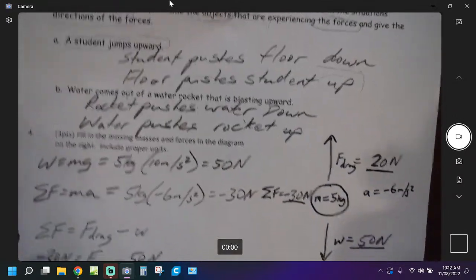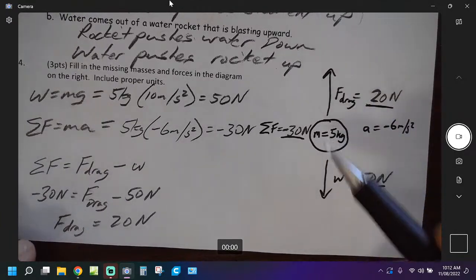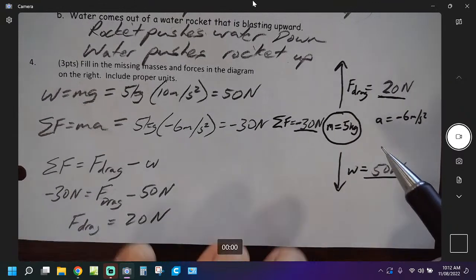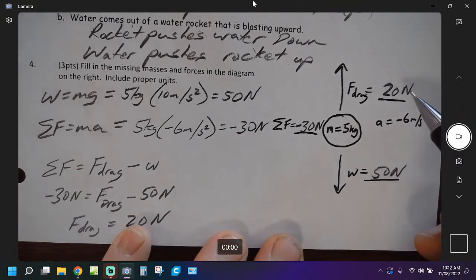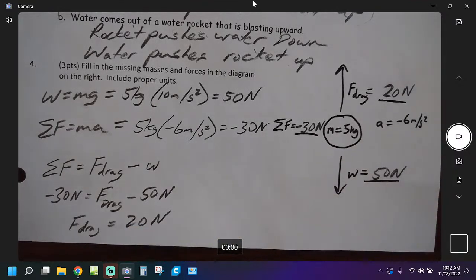All right, now more complicated ones. Here are the answers. I'll explain how I did it, but first I'll explain how to check it. It's 3 points, and it says include proper units. I'm probably not going to check the units on this because I don't know exactly how to do the points otherwise.